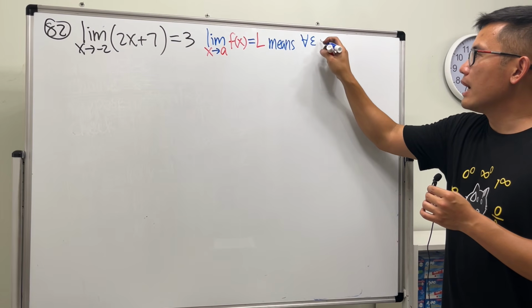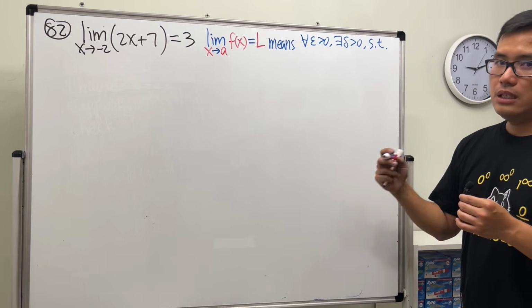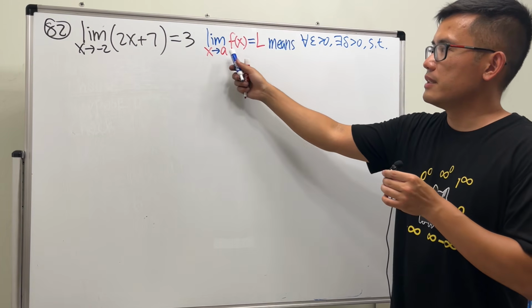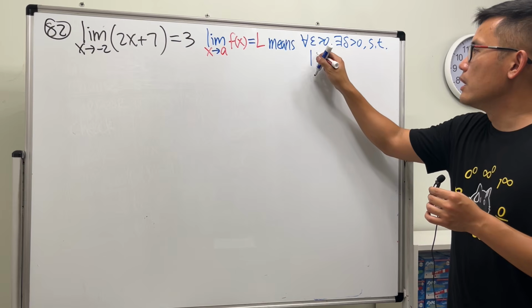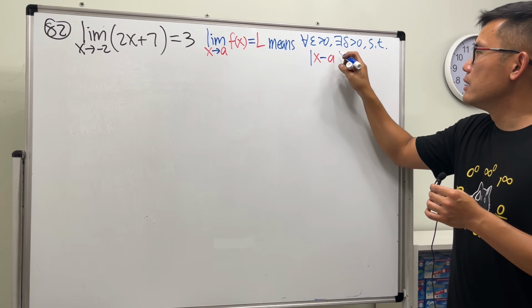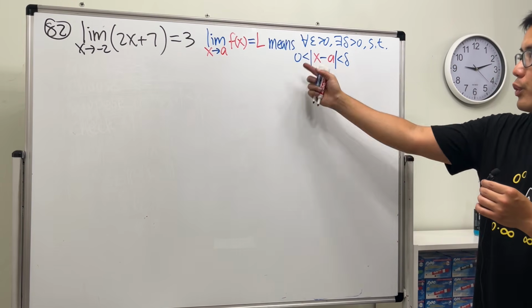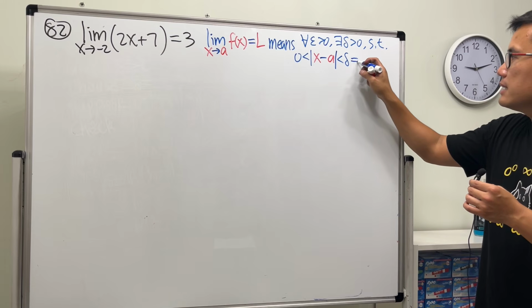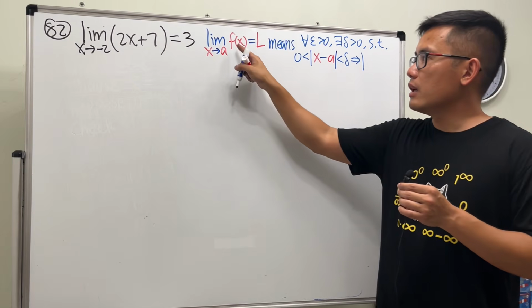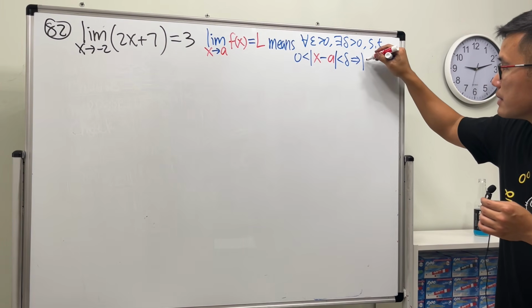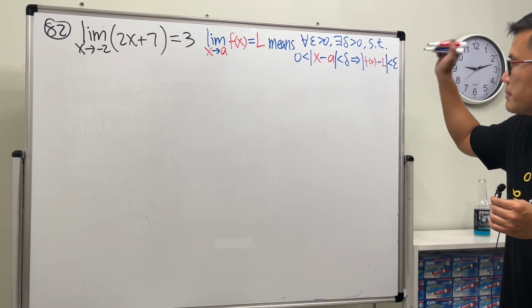For all epsilon greater than 0, there exists a delta greater than 0 such that if the distance between x and a is less than delta but bigger than 0, so we write it as absolute value of x minus a is less than delta, but we don't want x to be a, so we put greater than 0. This right here implies, that's the symbol for implies, that the distance between f of x and L is less than epsilon. So we write f of x minus L is less than epsilon.